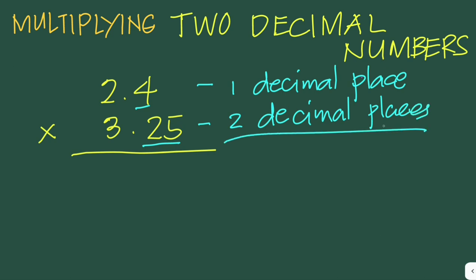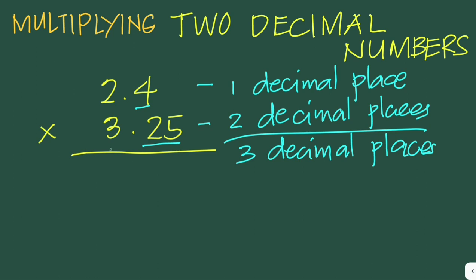Then we add them up, so that means our product, or the result after multiplying these two numbers, would have three decimal places. So now let's start multiplying them.